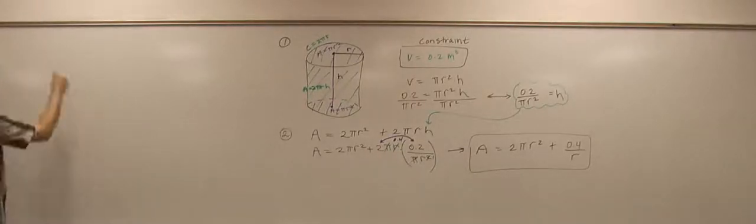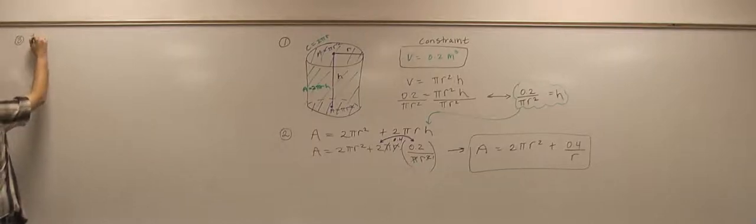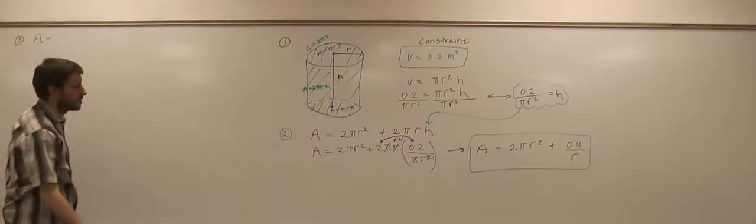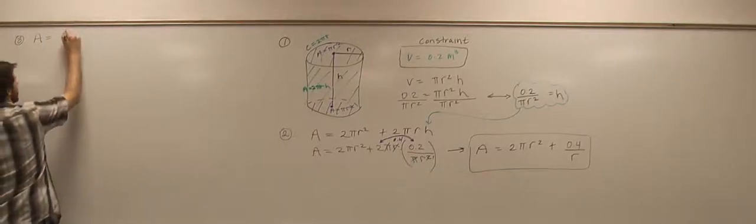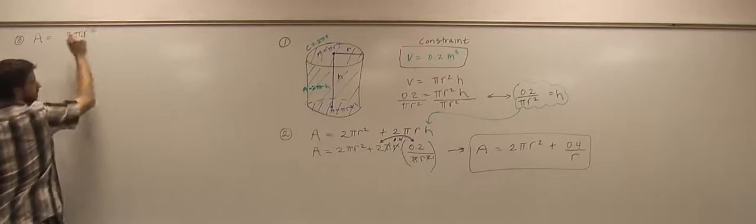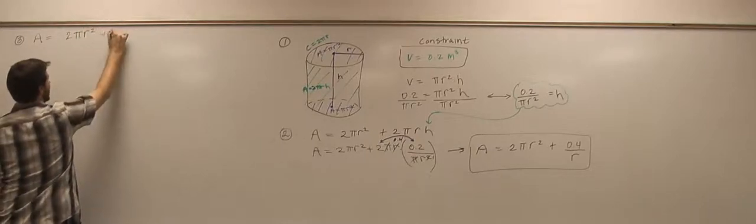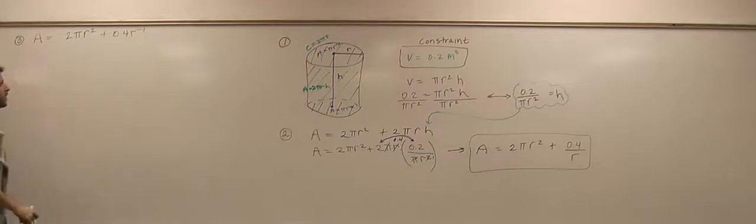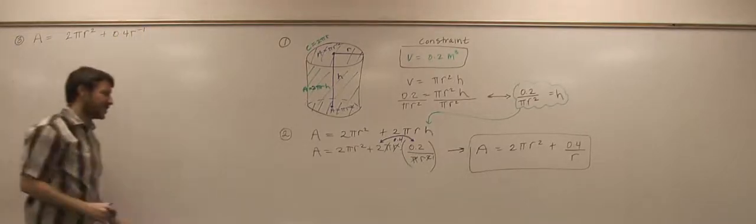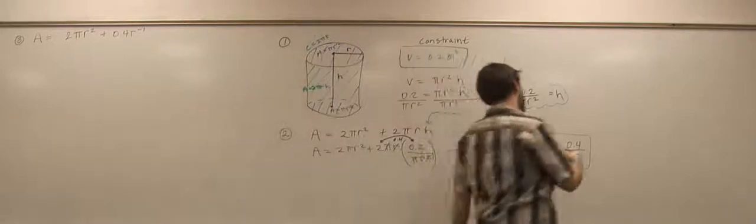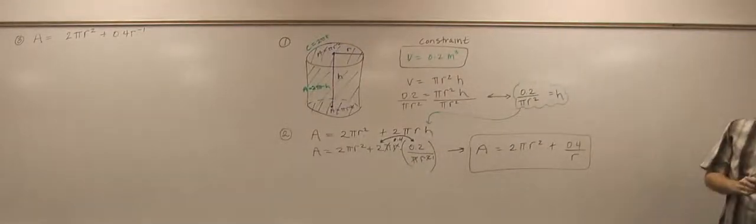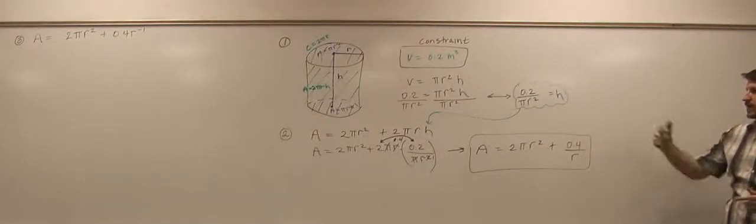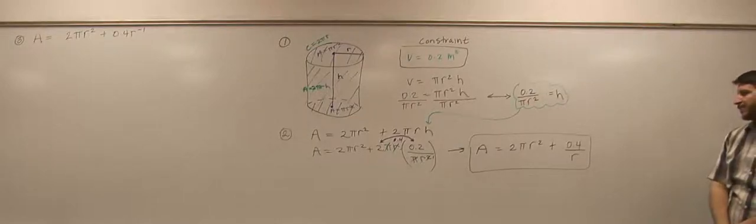Find your critical numbers. Since I'm taking the derivative, I should probably bring that r up like this. And it's easier to take the derivative if you bring the r up, because then you can do the power rule with the negative 1.